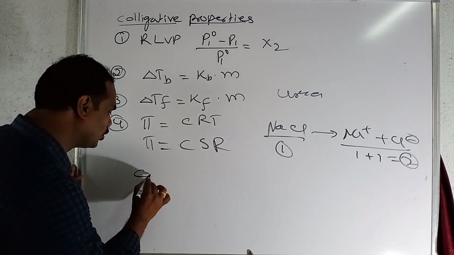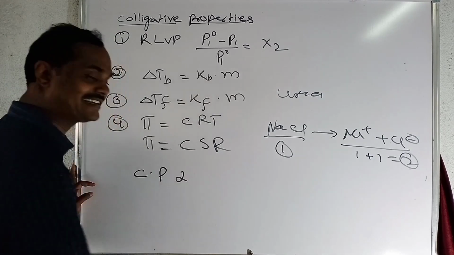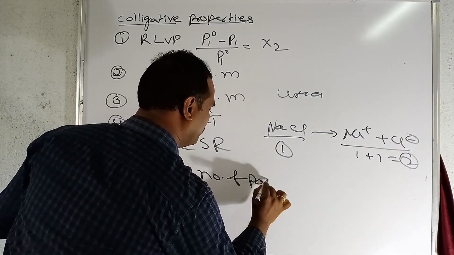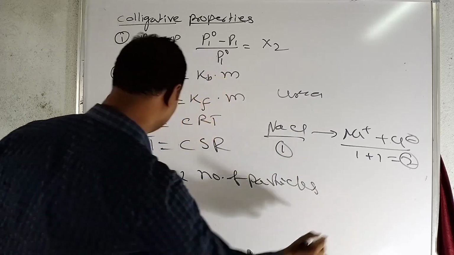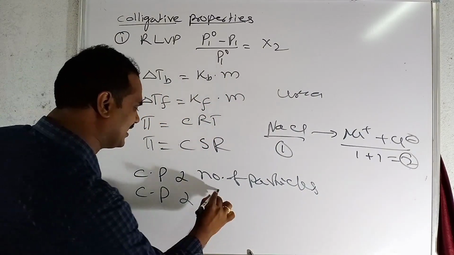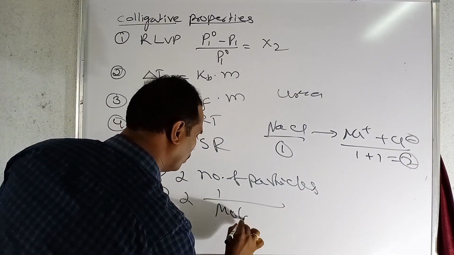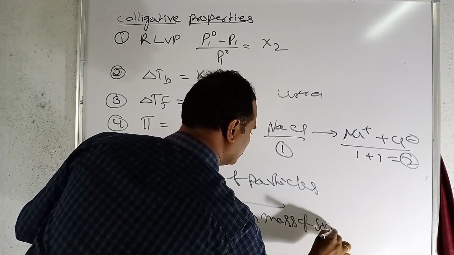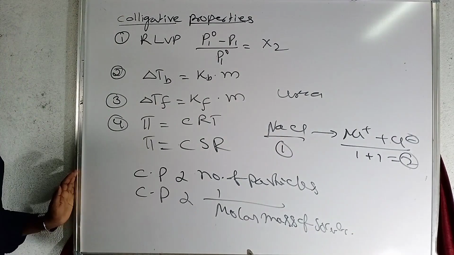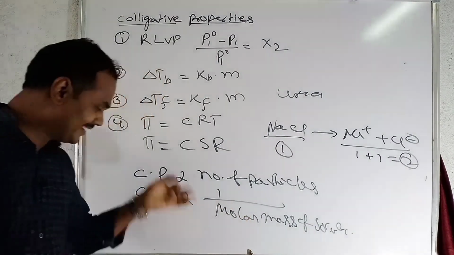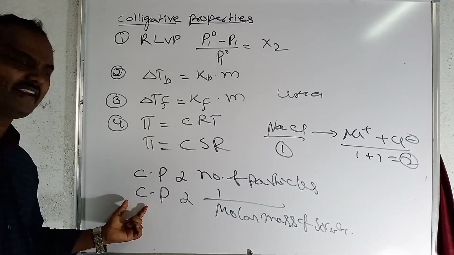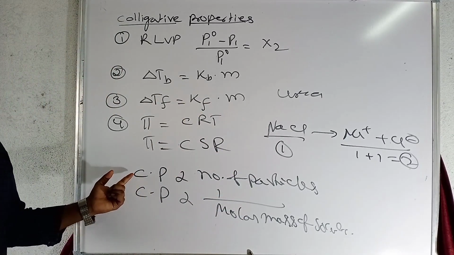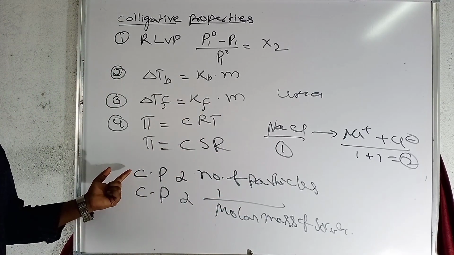Remember, colligative property is directly proportional to the number of particles, and inversely proportional to the molar mass of solute. If the molar mass of solute increases, the colligative property value decreases. If the number of solute particles increases, the colligative property value also increases.